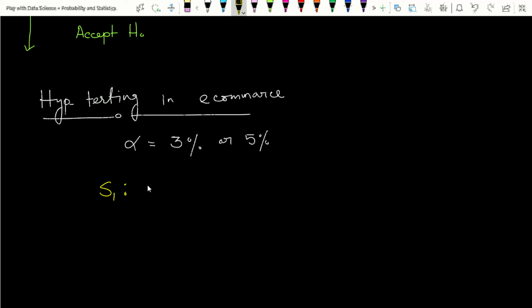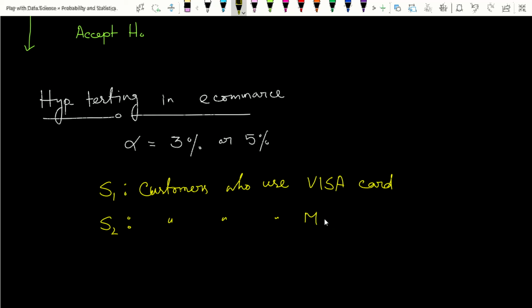We have customers, such a customer who uses a visa card, and also we have some customers who use a mastercard.